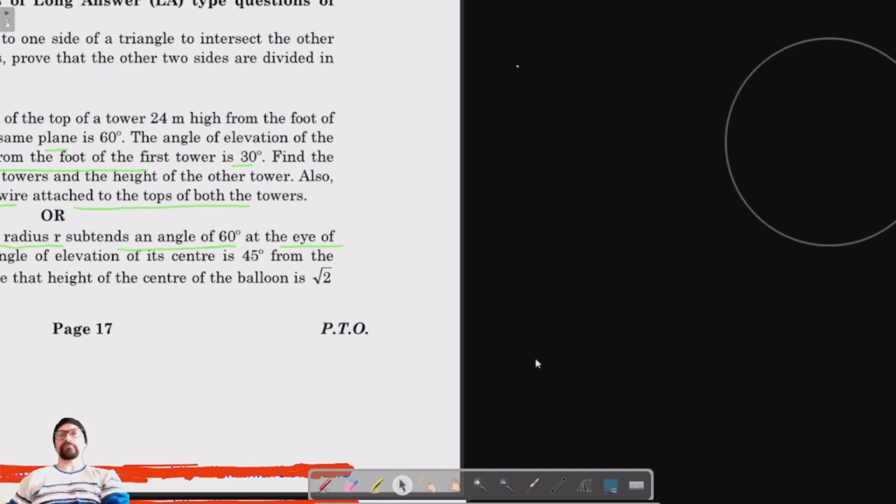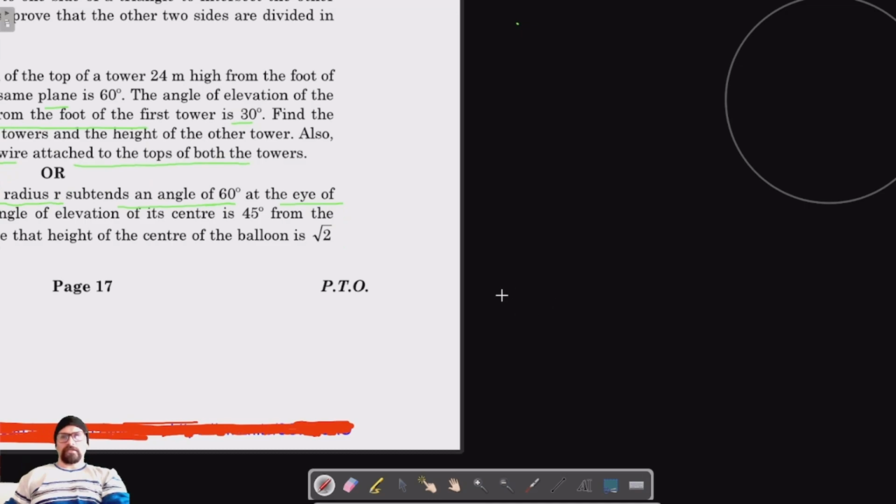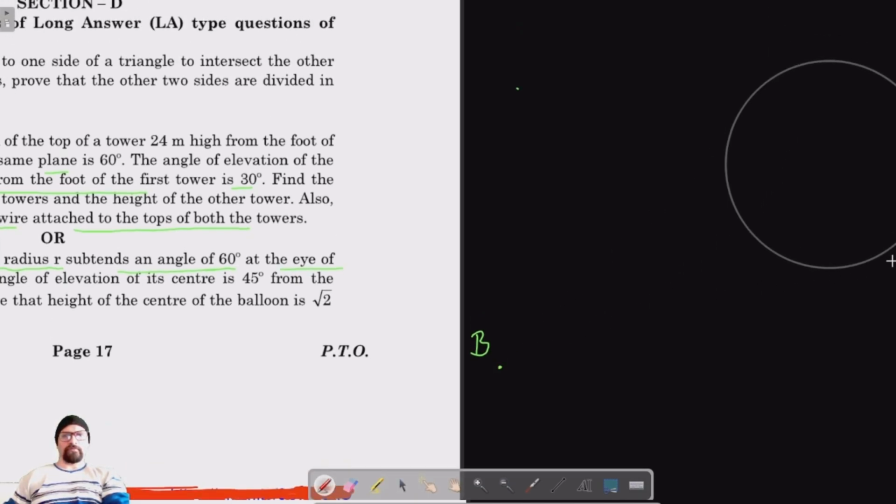Okay, let's say our observer is here B, and this is the eye of the observer. So how is this balloon going to subtend an angle of 60 degree at the eye of the observer? So we have to take two diametrically opposite ends of the balloon, and so this is how the balloon is going to make an angle of 60 degree.